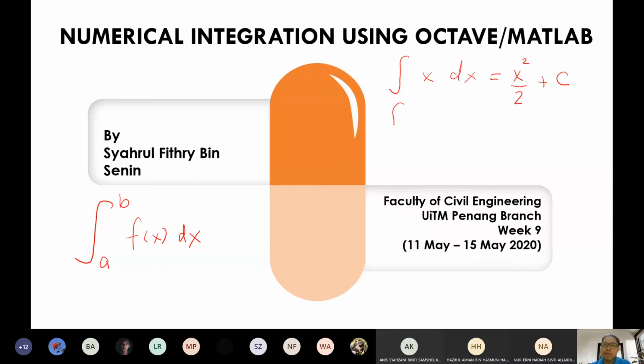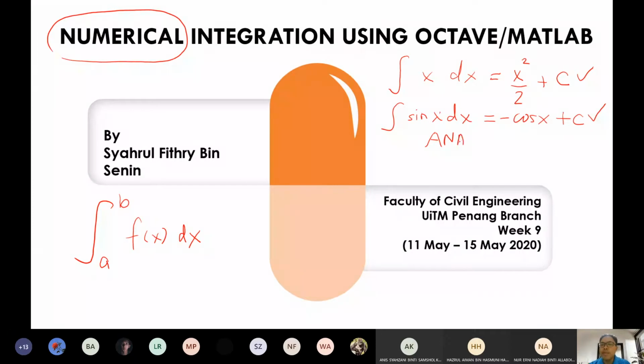And maybe you have also studied how to integrate trigonometric functions, and you can refer to any mathematics textbooks. This will be negative cos x plus c. So these two examples are simple examples where you don't need to use any numerical approach. You just use an analytical approach to solve the integration.